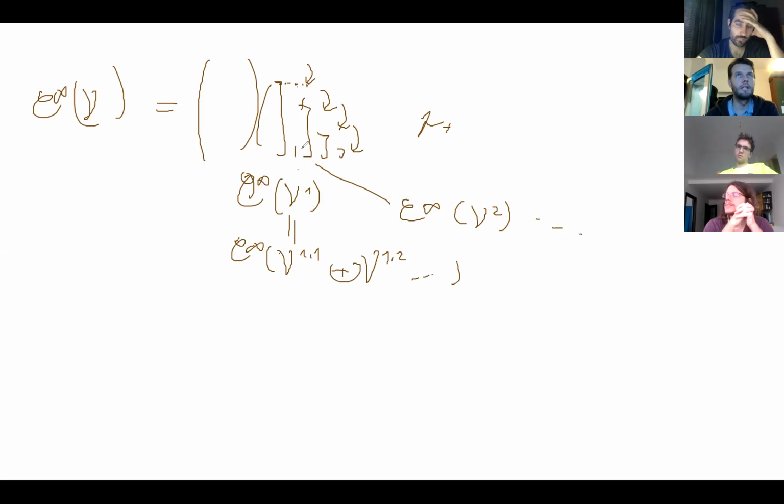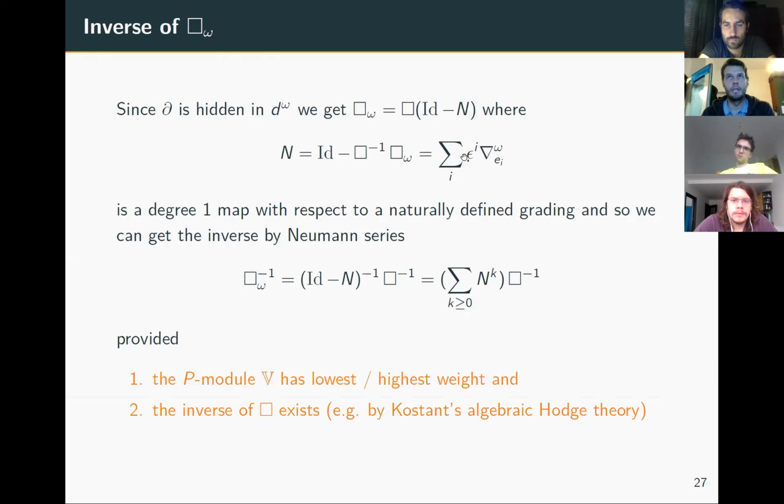But what I'm saying is that the structure of this representation V might be quite complicated when you look at it as a P plus representation. But whatever happens, it's naturally filtered or graded, and P plus shifts this grading. And so if we have a P plus term in this operator, some power of this operator will eventually have to be 0, because it will just move the grade to grade 100, and we have just finite rank bundles, so there is no room for that.